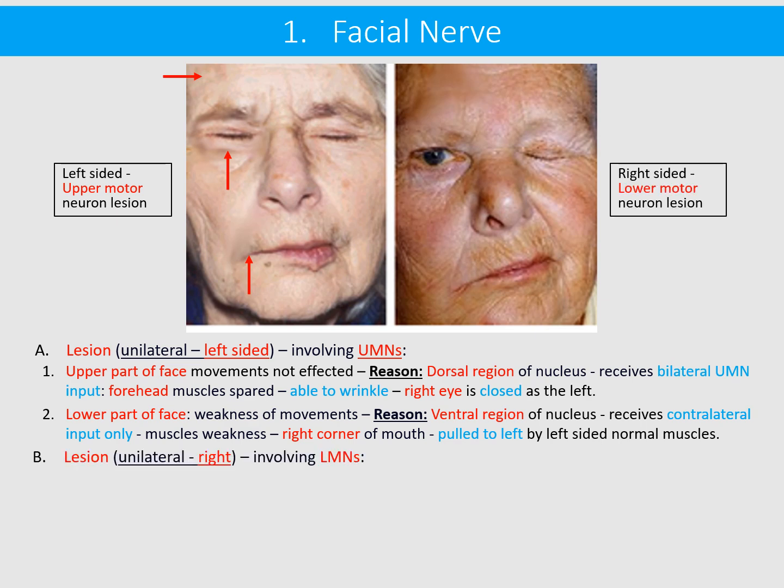Second lesion, right-sided unilateral lesion involving the lower motor neuron. Number one, there is ipsilateral total loss of the movement, that is on the right side. Number two, right side of the forehead is wrinkle free.